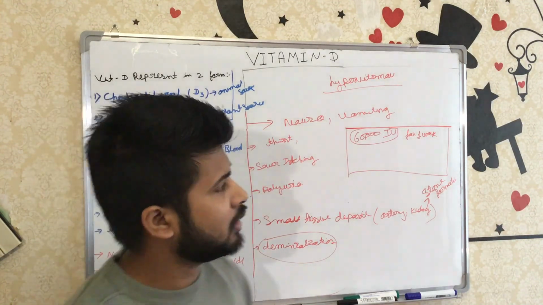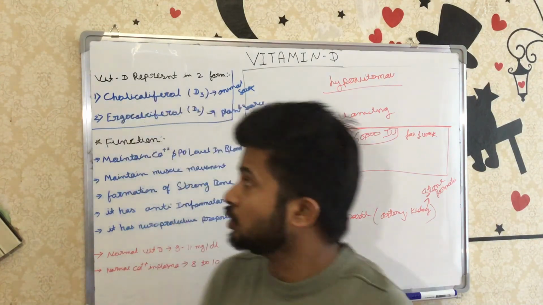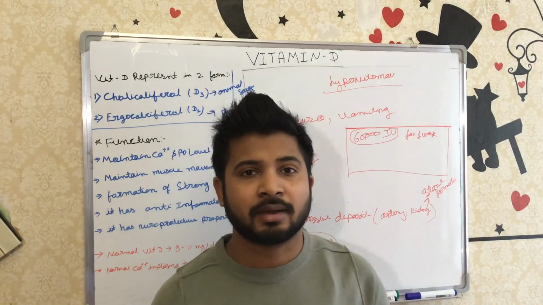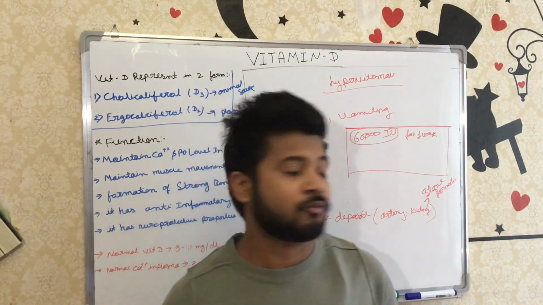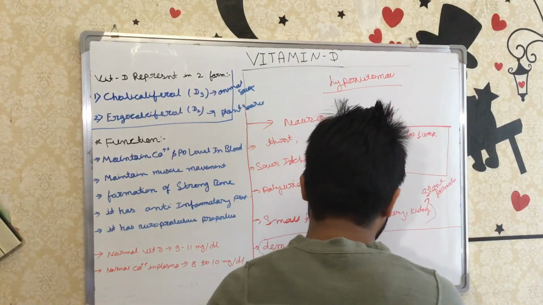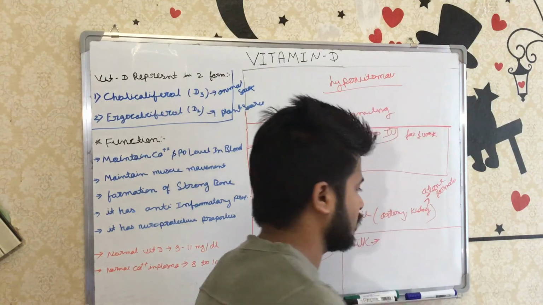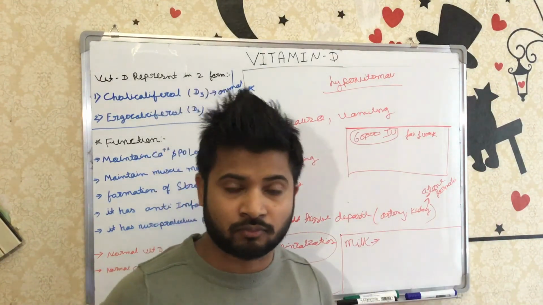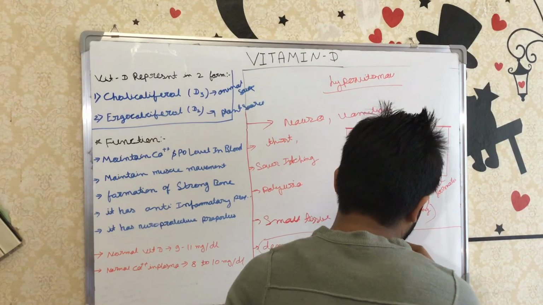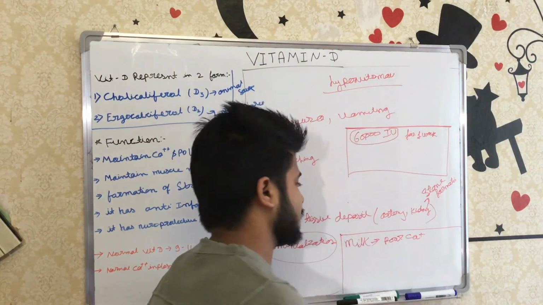So now we'll discuss the major sources of vitamin D. The first source: cholecalciferol from animal sources like liver and milk. One thing I forgot to mention, as we know, the bad news about milk is that milk is very poor in calcium.